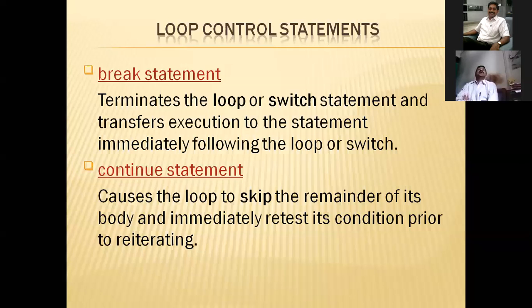If we want to skip these remainder statements, then we can use the continue statement, which will continue with the condition written at the upper side of the program, and go to the next iteration. And we can use the break statement, which will break the total loop or switch. Okay, so these are the functions of break and continue statements.